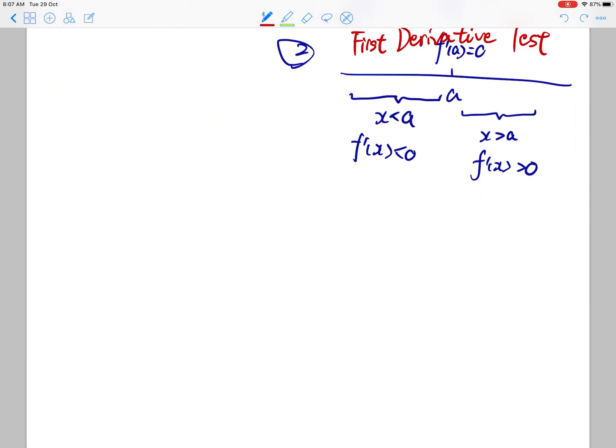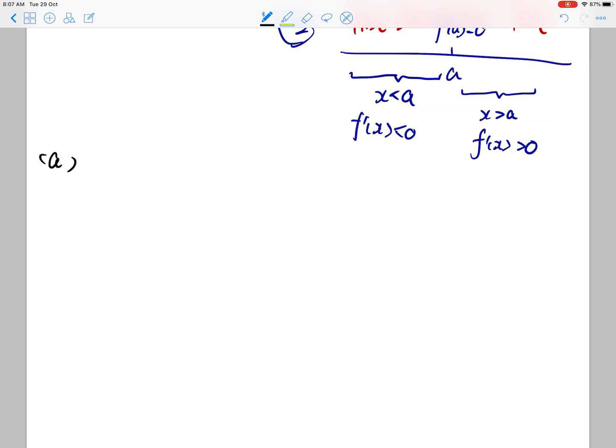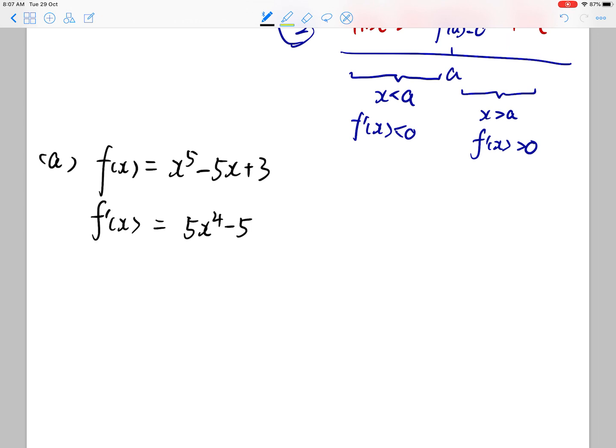Okay, so let's try problem 1a. f(x) is x to the power 5 minus 5x plus 3. So f prime of x is 5x to the power 4 minus 5, and f double prime is 20x cubed.